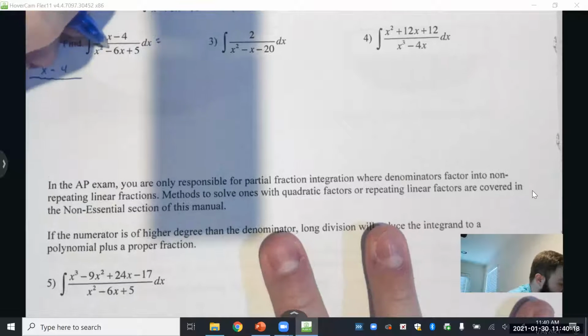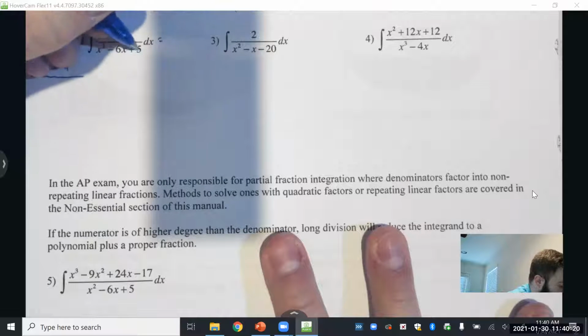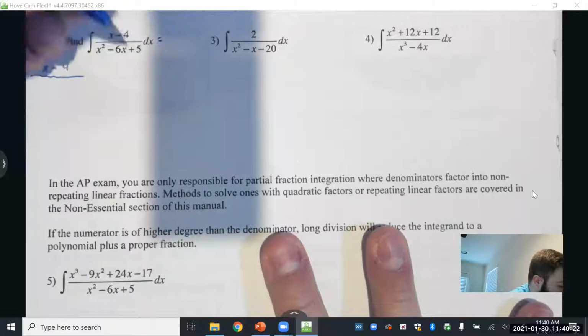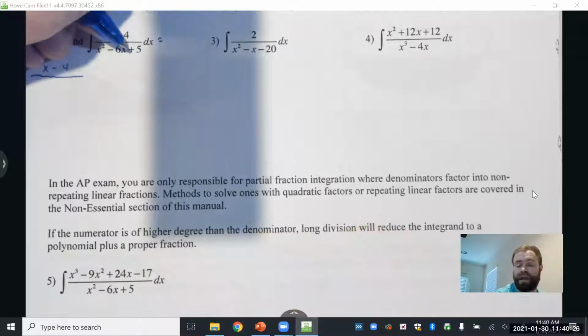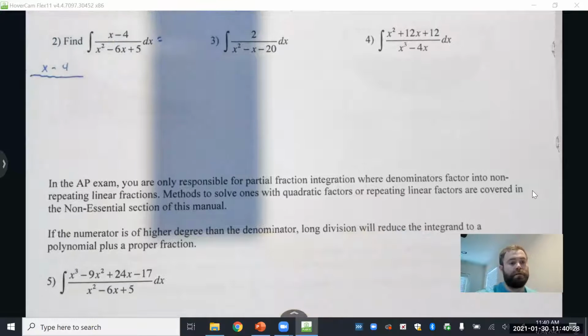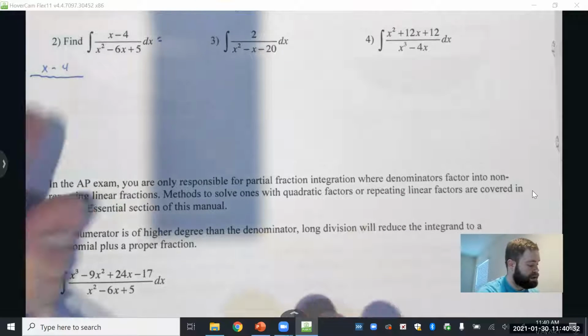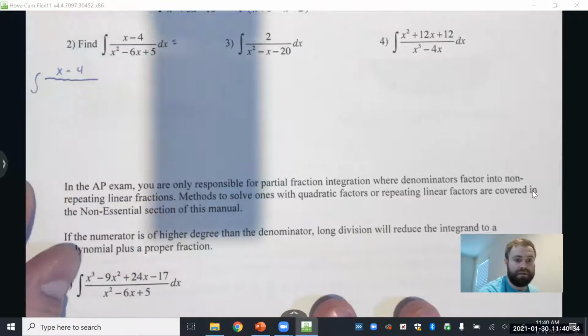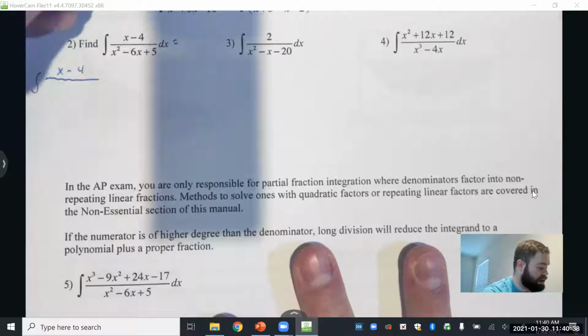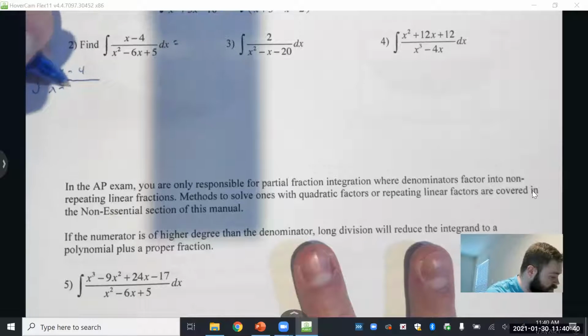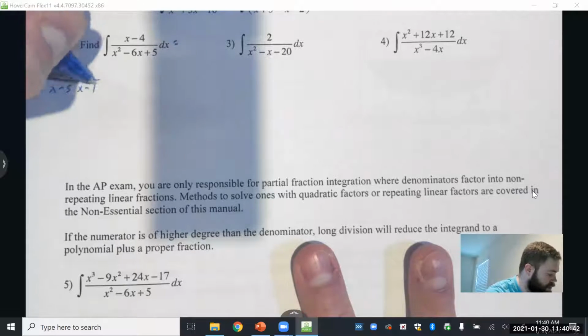Then we have x squared minus 6x plus 5. Well, it's going to have to be two things that multiply to get 5. It's only 5 and 1. And then they also have to combine to give us the negative 6. And so it's going to be minus 5 and minus 1. So we have x minus 5 and x minus 1.